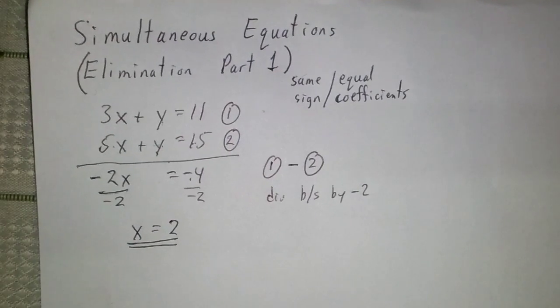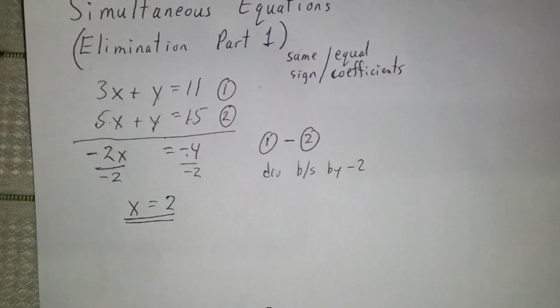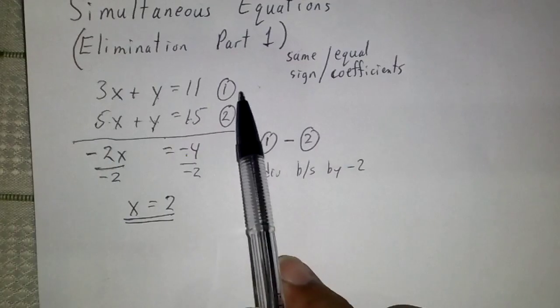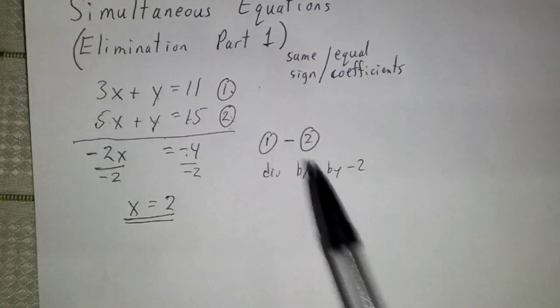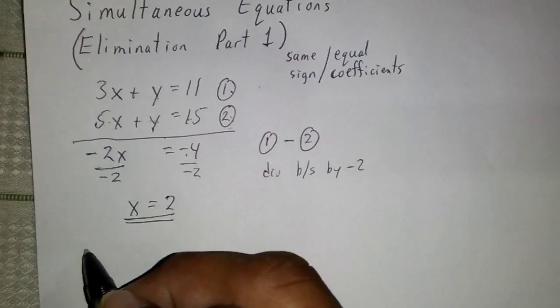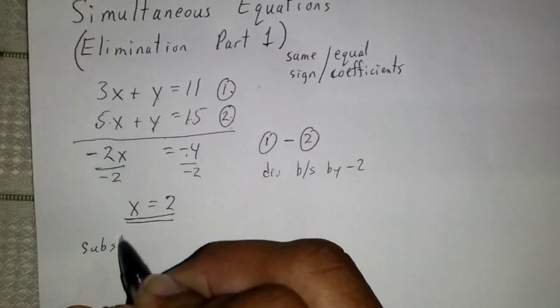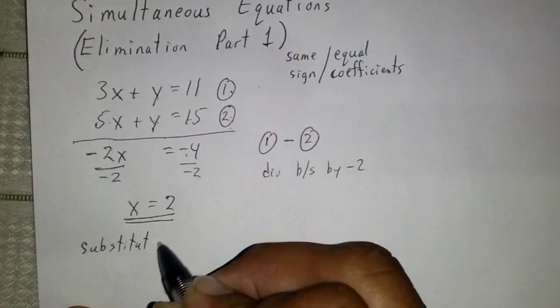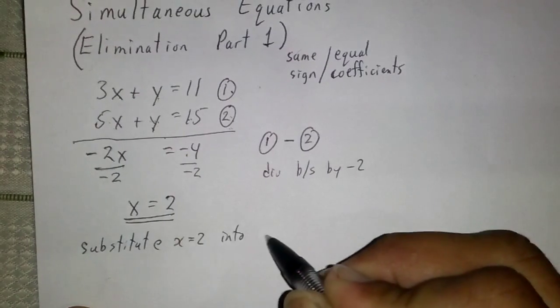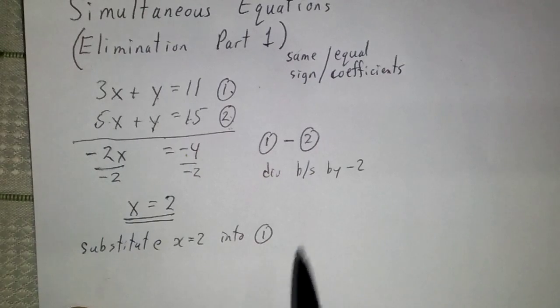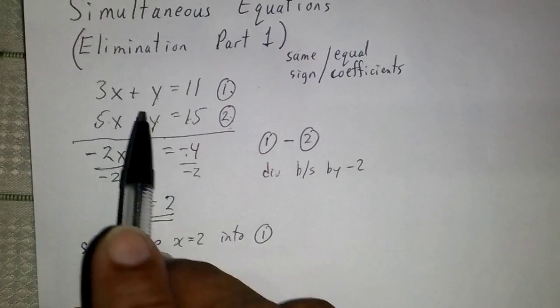Now for us to solve for y, we need to substitute now x equals 2 into either equation 1 or equation 2. Whichever equation, it would work the same. So let's put it in equation 1. So substitute x equals 2 into equation 1. If you notice, I only put one circle, means for that equation.